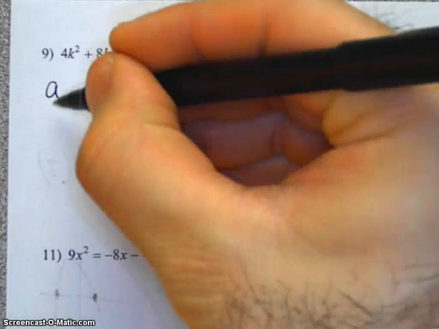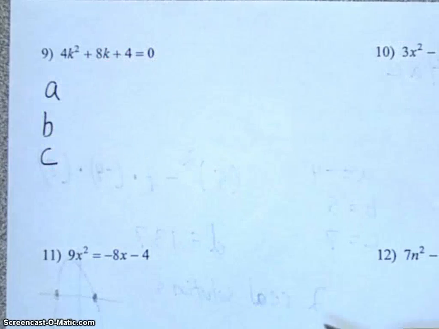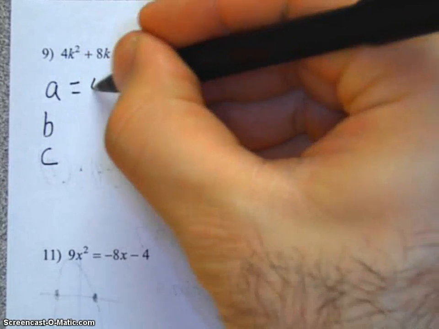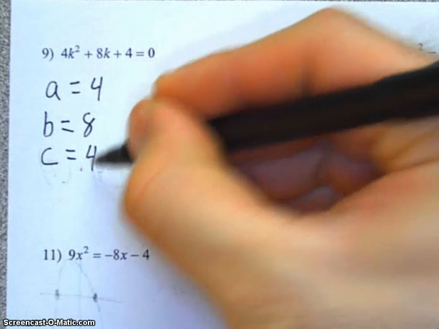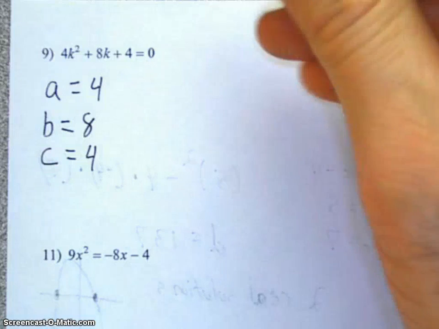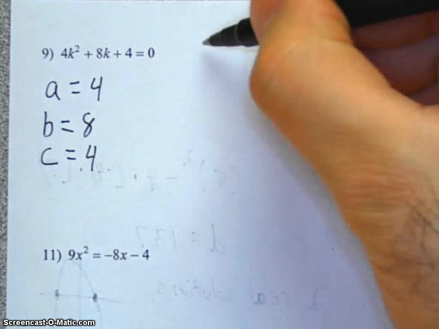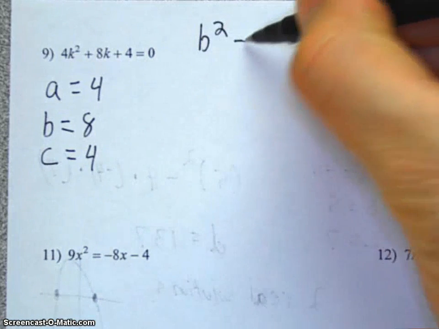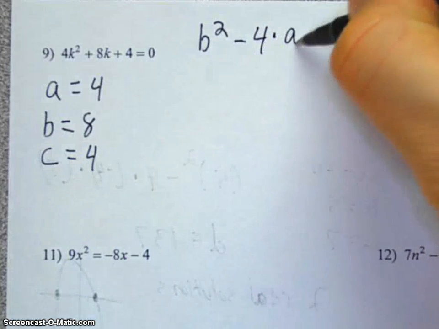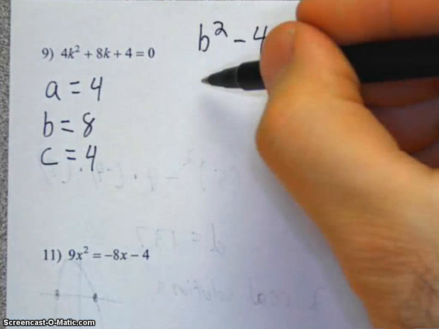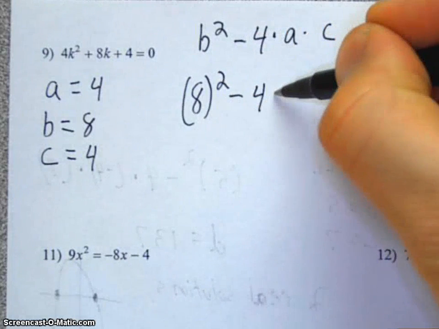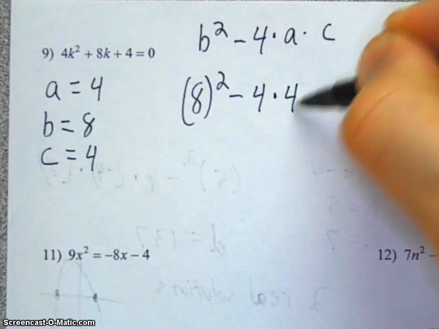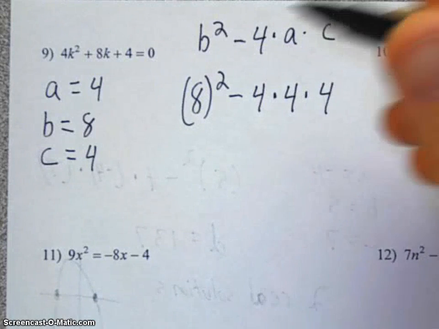Find your a, b, c first. Your a is 4, your b is 8, and your c is 4. So using the discriminant, we have our b squared minus 4 times a times c. So we have 8 squared minus 4 times 4 times 4.